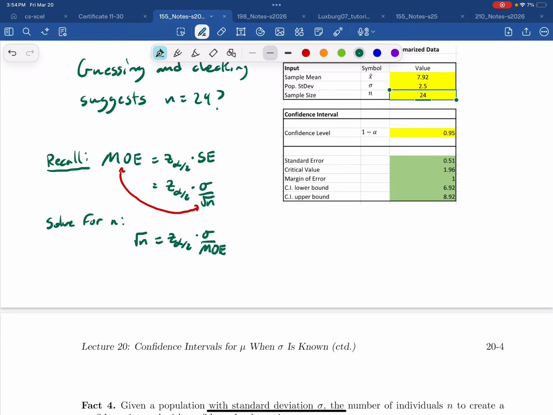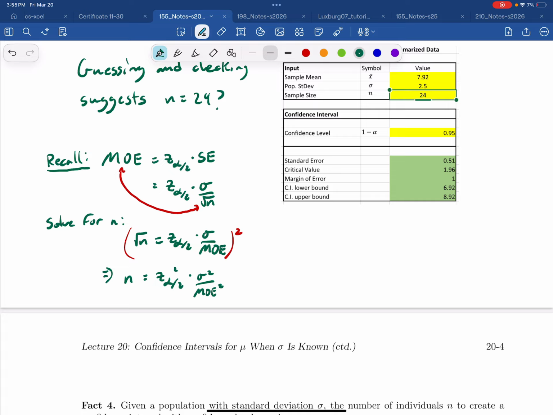And then square both sides to get n equals z alpha over 2 squared times sigma squared over margin of error squared. By the way, I never remember this formula at all. I just start with the margin of error formula and then go from there.